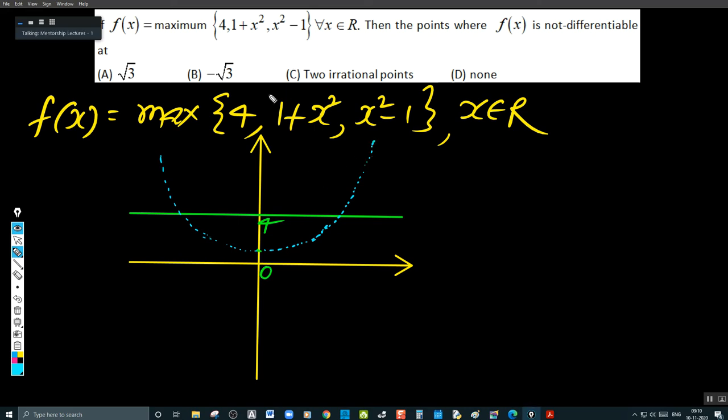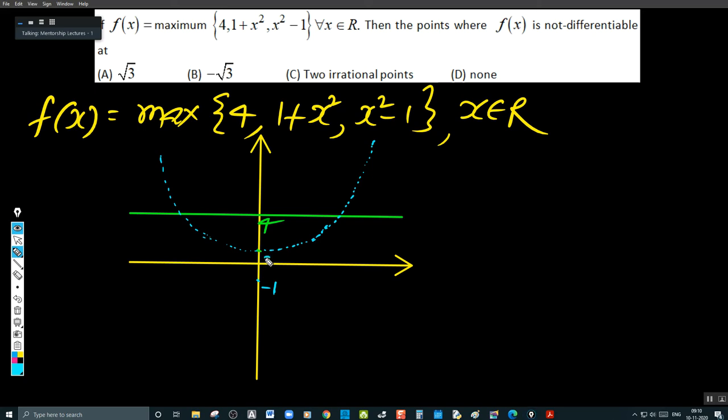Coming to the third function, put x equal to 0, y is minus 1. And you must get it out whether it should be an upward parabola or downward parabola. Upward. Why?